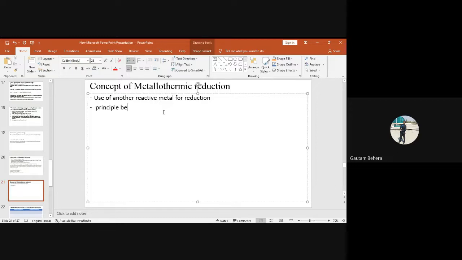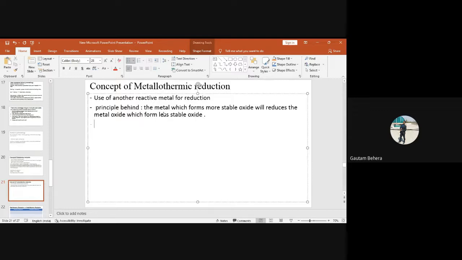The principle behind this metallothermic reduction is that the metal which forms a more stable oxide will reduce the metal oxide which forms a less stable oxide.